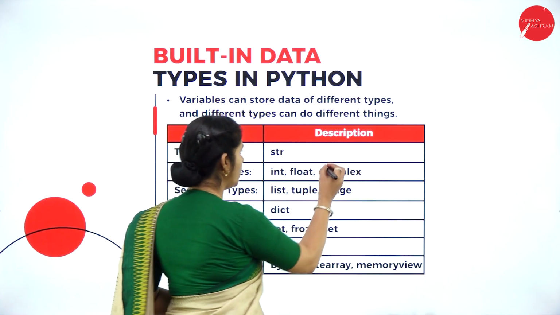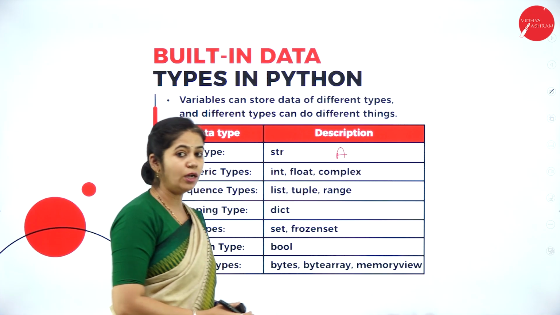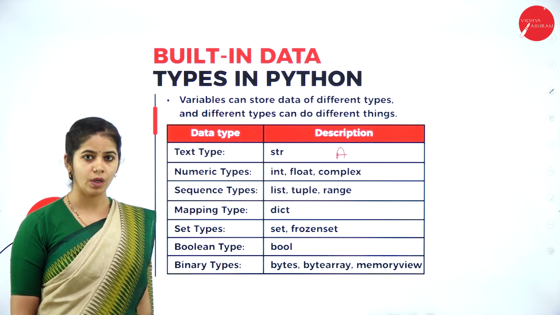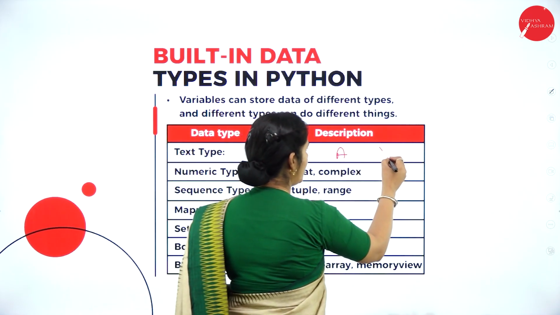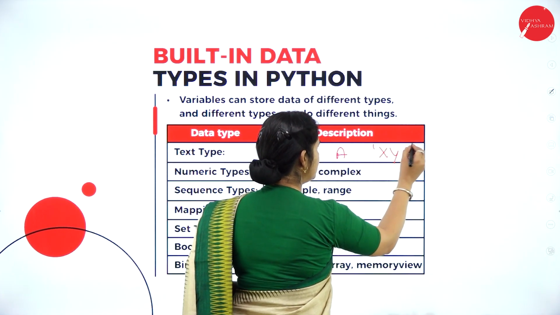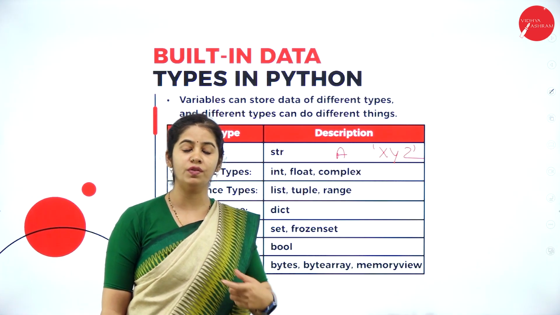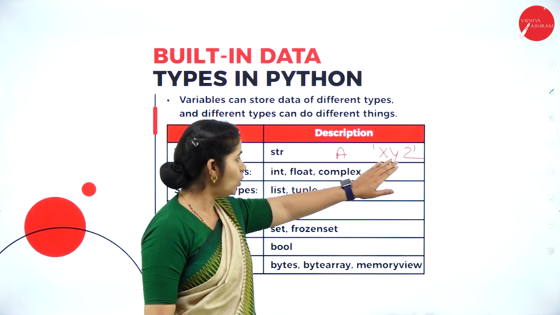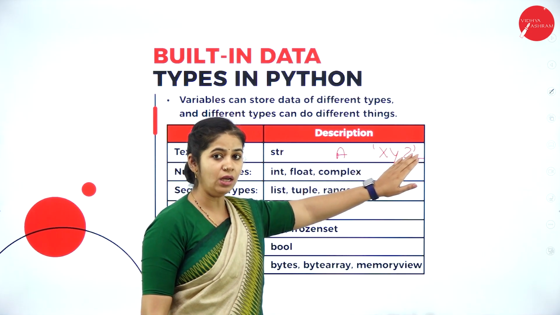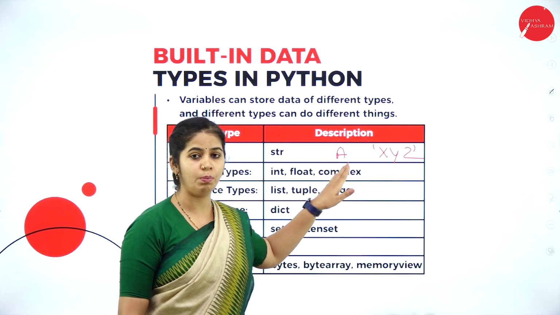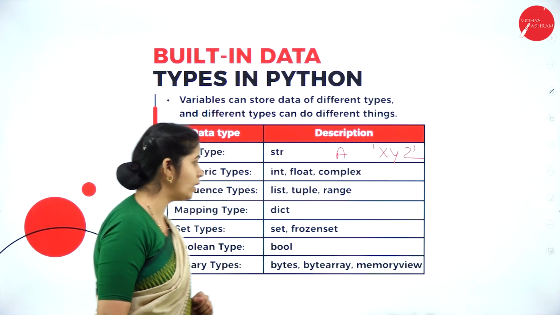If I want to read the character A, that should be of type string of length 1. If I want to read XYZ, this is a string, a combination of characters. And if I want to read a single character, that should be a string with length 1.